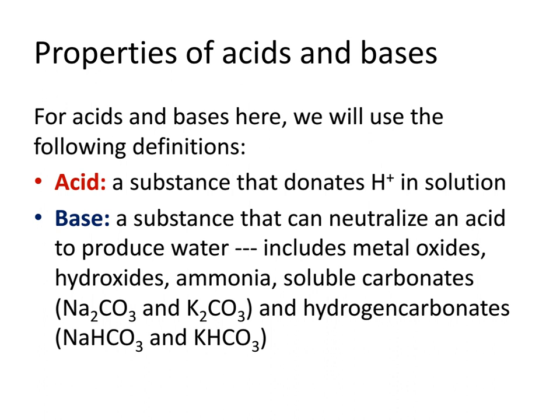And so those things include metal oxides, hydroxides, ammonia, and any kind of carbonate. It mentions soluble carbonates. Of course, it has to be in solution to have an effect. And then any kind of what IB likes to call a hydrogen carbonate. We usually in the United States call it bicarbonate, the HCO3 minus ion, the bi applying to that hydrogen plus ion attaching to any kind of polyatomic ion, which doesn't completely neutralize and form a neutral molecule.